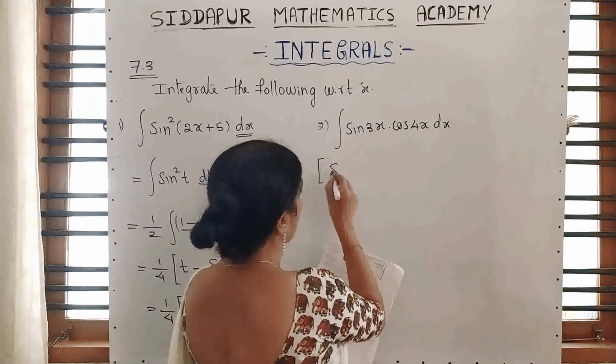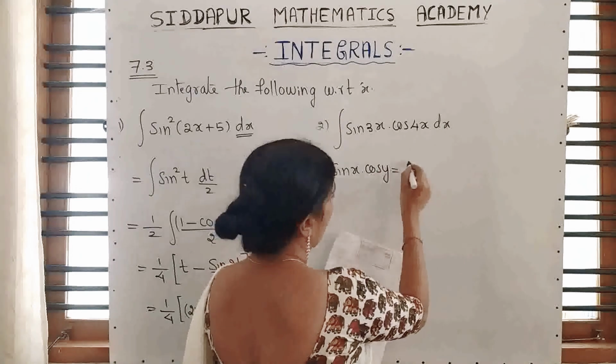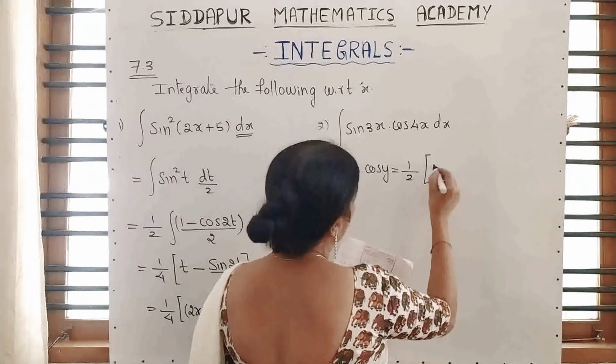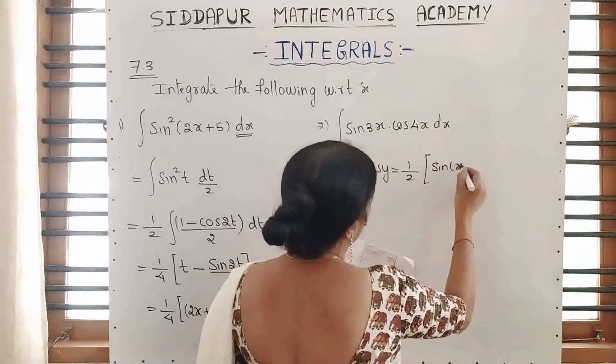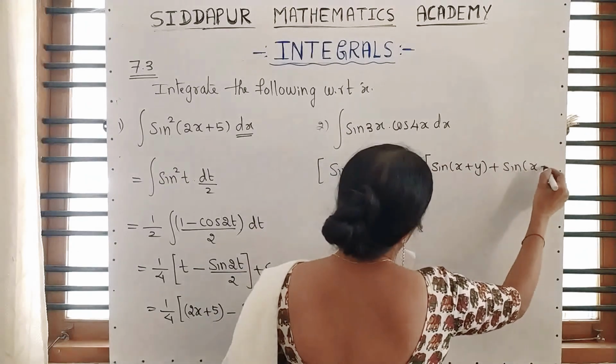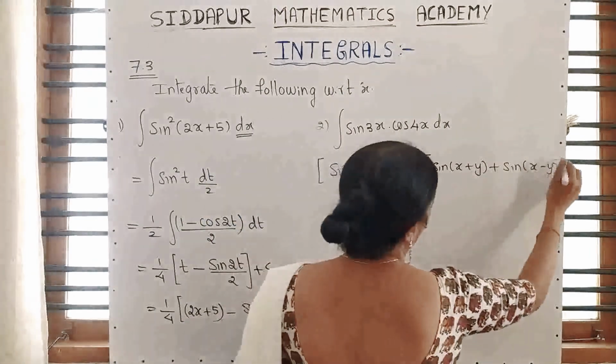See the formula, sin x into cos y, first year formula, is 1 by 2 in the bracket, sin (x plus y) plus sin (x minus y). Correct? This is the formula.